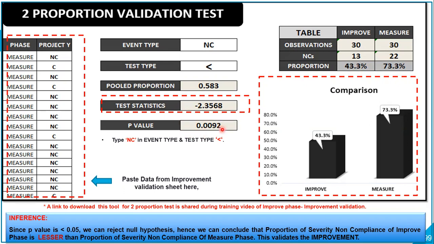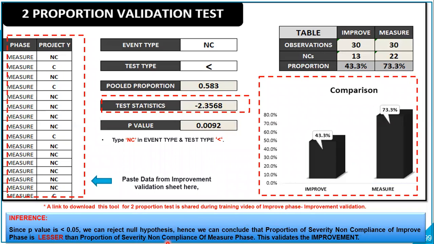Here, the p-value is quite low. It's 0.0092, and hence we can infer that since the p-value is less than 0.05, we can reject the null hypothesis. Hence, we can conclude that the proportion of severity non-compliance of improve phase is lesser than the proportion of severity non-compliance of measure phase, and that is what we wanted to prove in the improve phase.